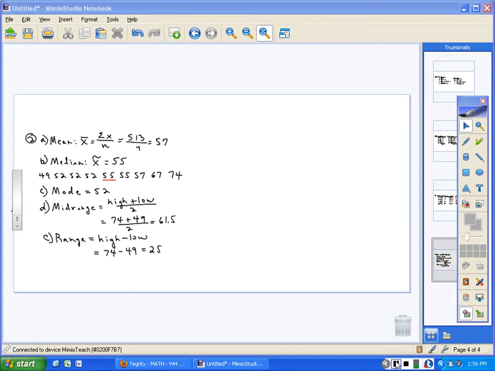Okay, part F is to find the variance. But before we can find the variance, we need to have some other numbers. And so I'm going to list our data over here. Our data is X, and it doesn't matter whether they're in order or not in order.